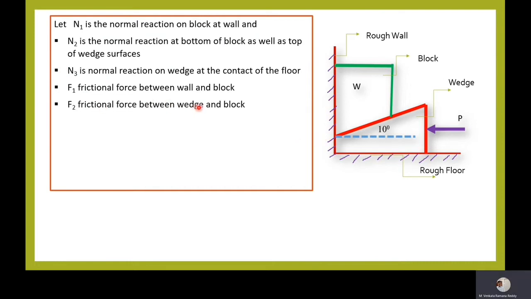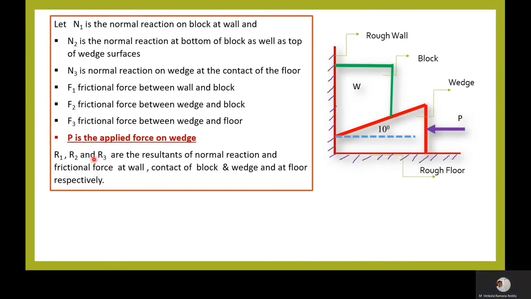F2 is the frictional force between the wedge and the block. F3 is the frictional force between the wedge and the floor. P is the applied force. R1, R2 and R3 are the resultants of normal reaction and frictional force at the wall, at the contact of block and wedge, and at the floor respectively.